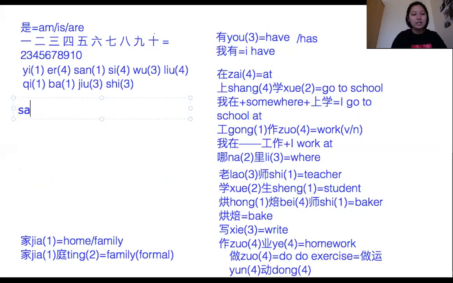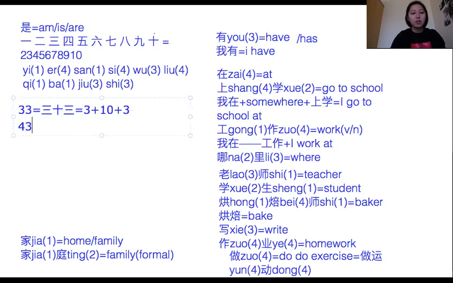Let's say if you're 33, that's 三十三. 三 is 3, and 十 is 10, and 三 is also 3. So 33 means 3 plus 10 plus 3.